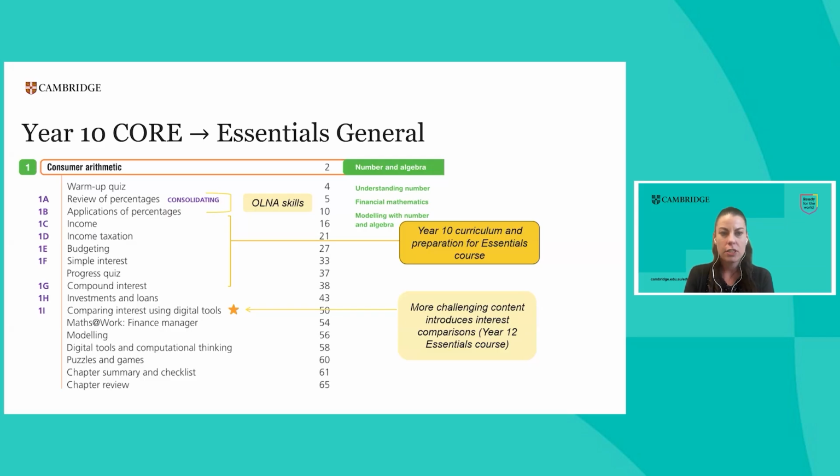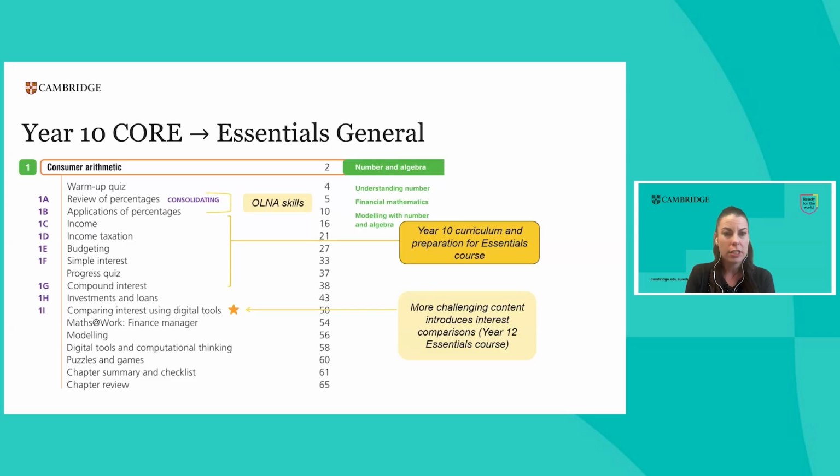A teacher can choose to spend more time on these initial exercises, really honing a student's ability to find 10 or 20% of an amount, as well as increasing or decreasing by a percentage, which is a commonly assessed skill in ULNA. The rest of the exercises follow the Year 10 curriculum and lead into the finance covered in essentials, such as budgeting.